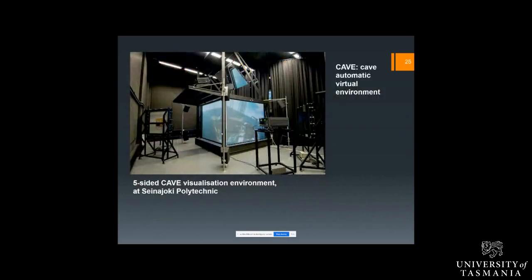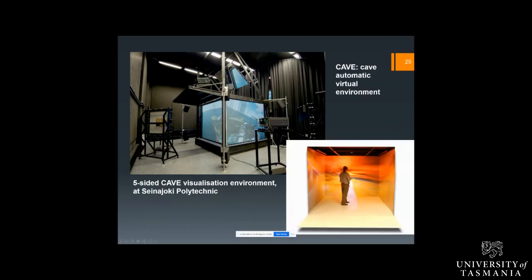So this is a more expensive system, the CAVE, Cave Automatic Virtual Environments. This is a version that is usually very expensive. Generally you are actually inside that system, and you can see projectors everywhere. They project on the back and on the sides. The person actually sits inside, normally like this.